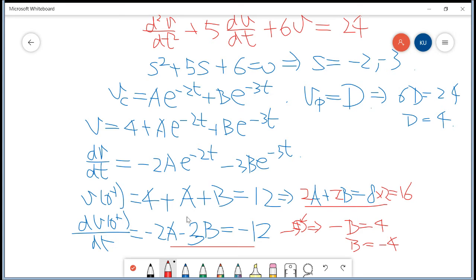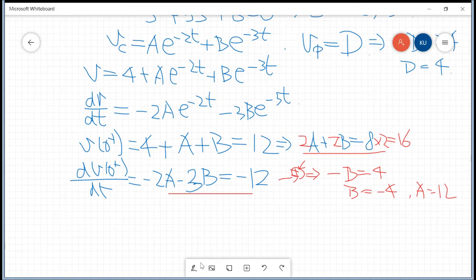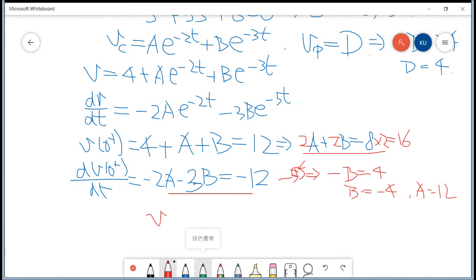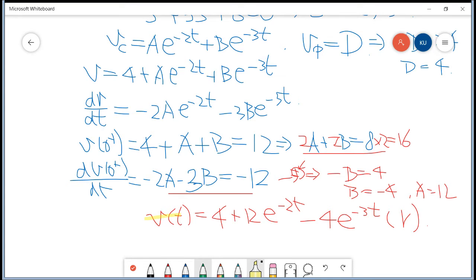And here we see that 4 plus a plus b is 12, which means that a is 12. So we get that v would be 4 plus 12 exponential to minus 2t minus 4 exponential to minus 3t. So this is the answer.